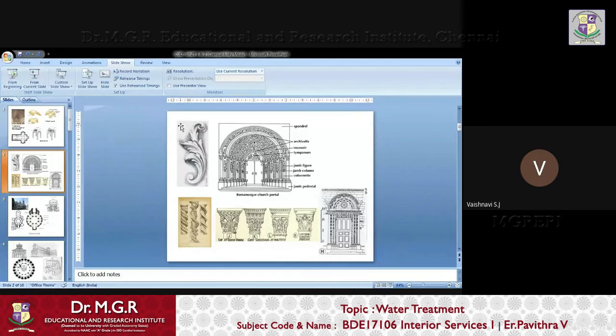Can you see my mouse? Ma'am, ageless something like that, ma'am. I don't know the exact name. Ma'am, decorative portion in the column actually.